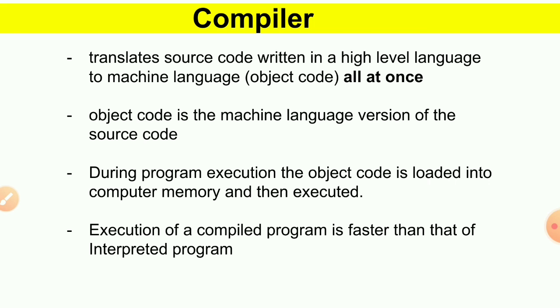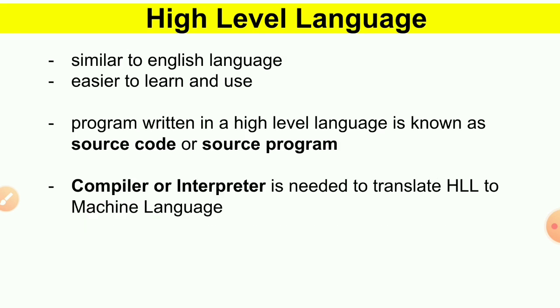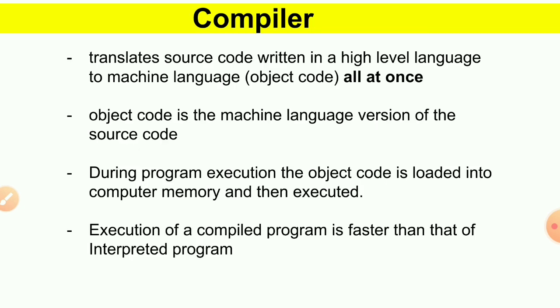See the compiler. First of all, the program which you write in a high level language is known as source code or source program. Once you have written your source code, you need to compile it and produce the machine code.